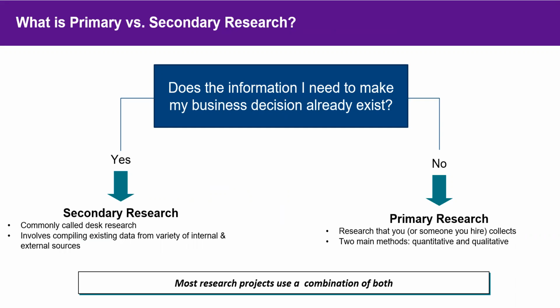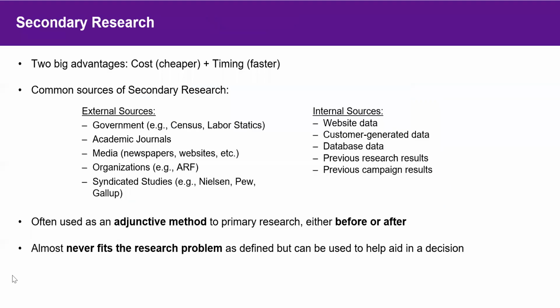And while we have this neatly siloed on the left and right hand of this slide, most of the time research projects require a mix of both. And in practice, usually we see secondary research before a primary research project or coming in after a primary research project to layer on context based on whatever findings you have. So in practice, often we're blending both of these techniques.